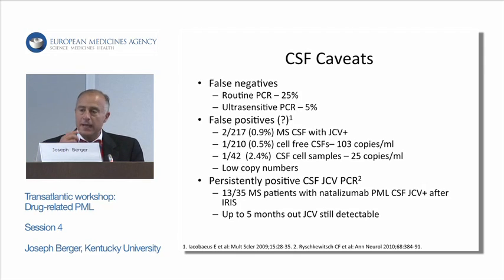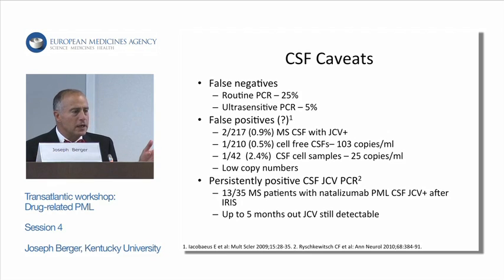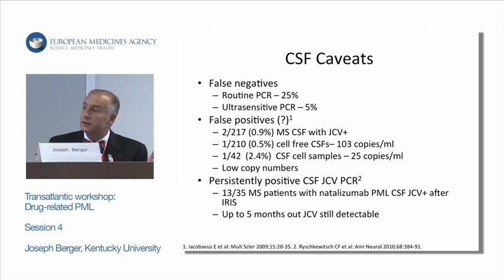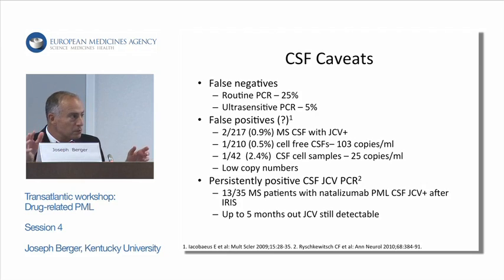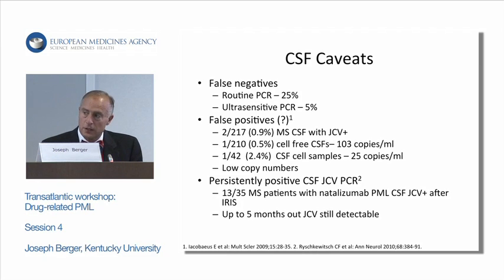But the point to be made, and this shouldn't surprise us, is that from time to time, we're going to find this virus, as we found other viruses, in people who are otherwise pristine, just percolating through their spinal fluids. Many years ago, I did a study where we did lumbar punctures on people with HIV, with and without neurologic disease. And this was in an era before PCR.